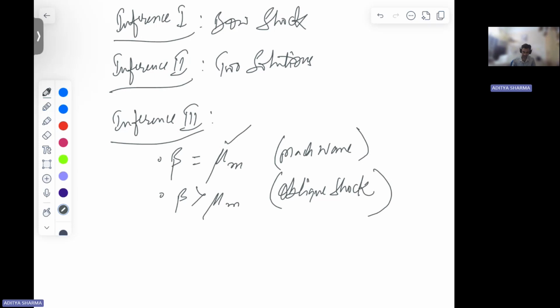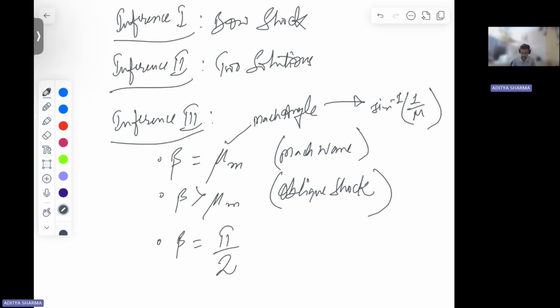This is the Mach angle, I hope you remember it, mu equals sine inverse of 1 by M. Then related to normal shock, if your beta is pi by 2, then it's a normal shock. So this is your third inference.